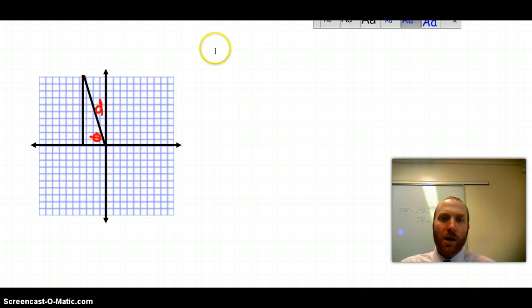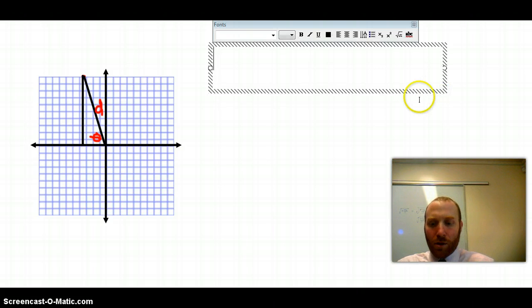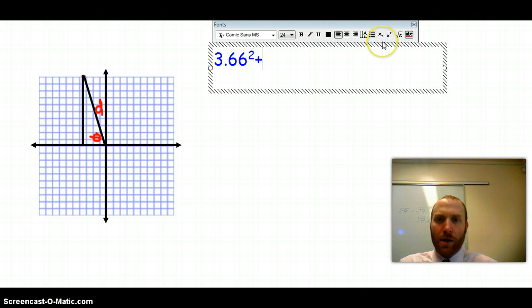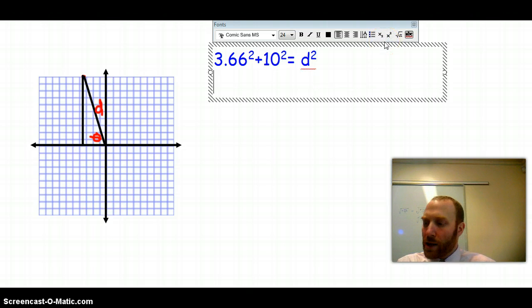So that looks like 3.66 squared plus 10 squared equals d squared. Doing that on my calculator, I came up with d is equal to 10.65. So the distance I traveled overall was about 10.65 nautical miles.